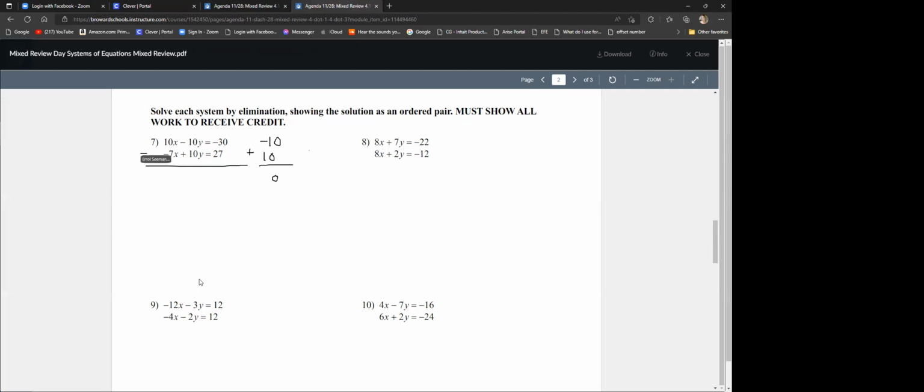So we're gonna add the two together. What's 10x plus 7x? How much? 10x plus -7x, that's the same as 10 minus 7. 10 plus -7, how much? Here's your 10, here's your plus, here's your -7. 3.